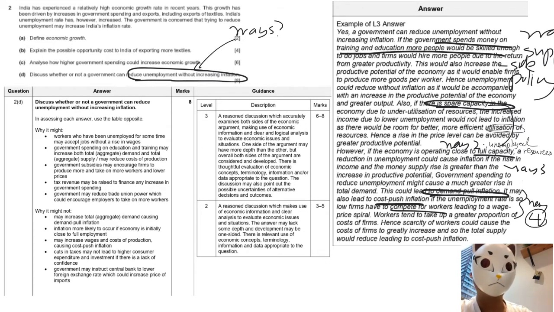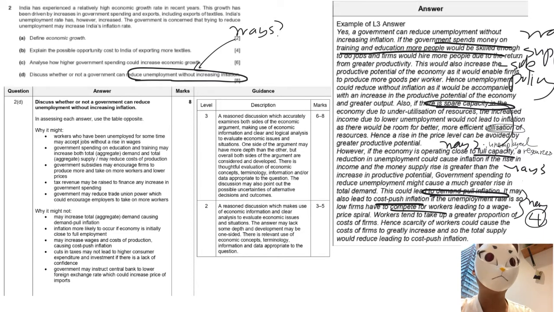Now you can see that, as I said in the beginning of this question, whether the government can reduce unemployment without increasing inflation depends on the ways to do it, right? Now I would like to take a look at the marking guideline on the bottom left corner. So it depends, right?